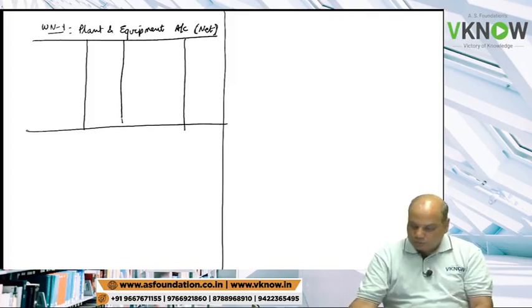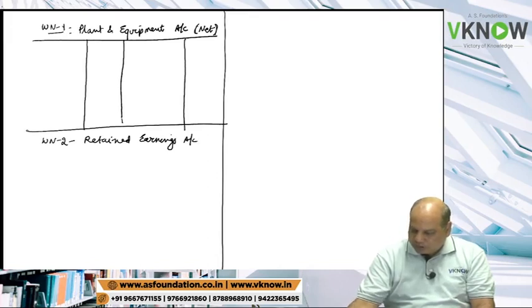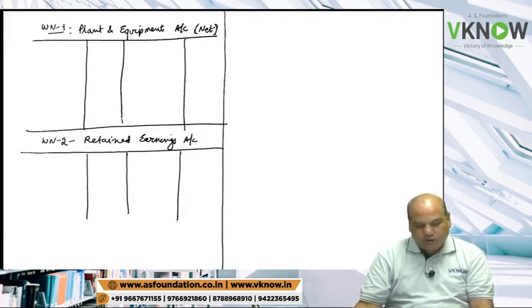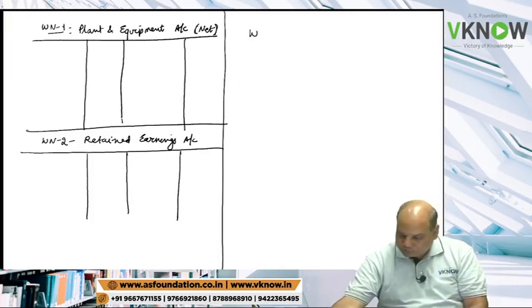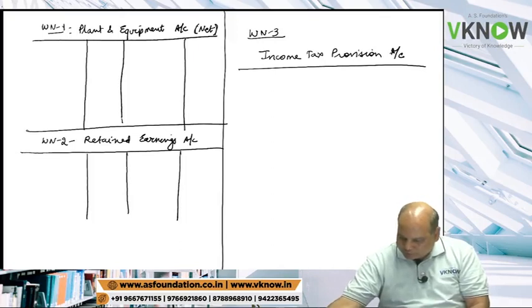Working note 2, retained earnings account. Working note 3, income tax provision account, 6 lines.